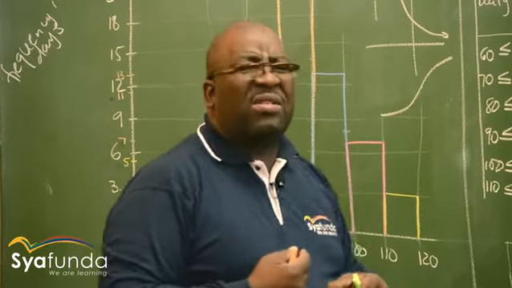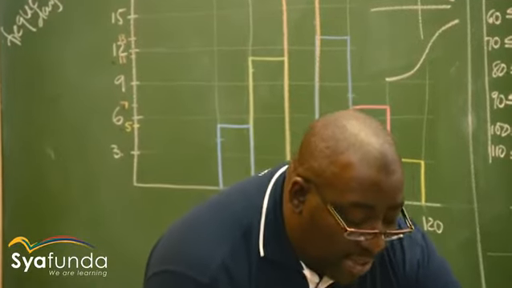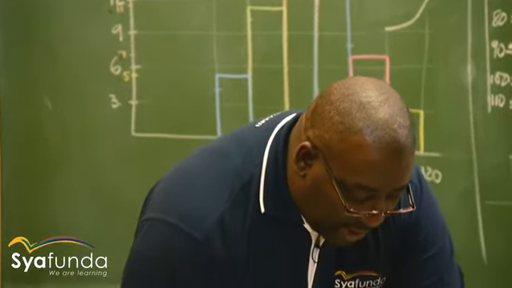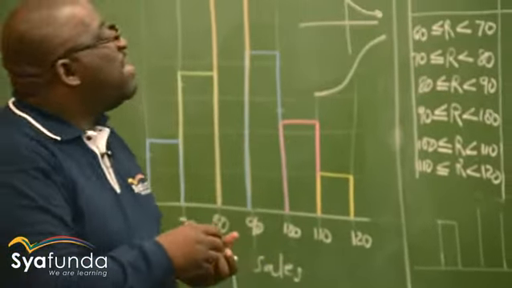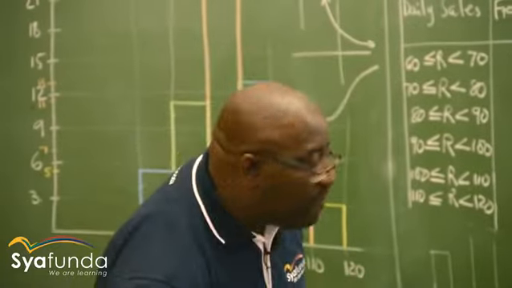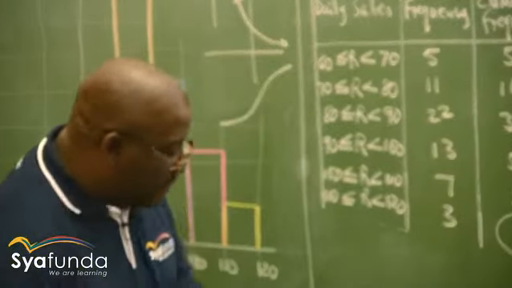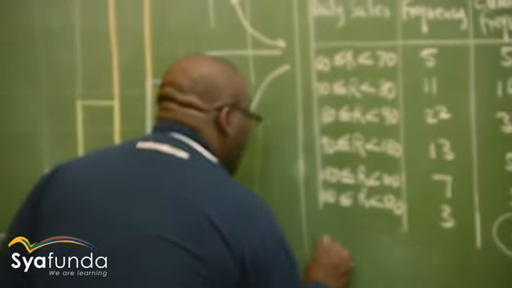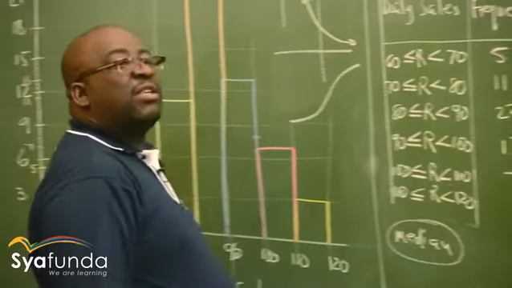Let's look at the next question that they might ask us in this particular question. They might ask us to find the median using the ogive. Remember, what is the median? Median is Q2.